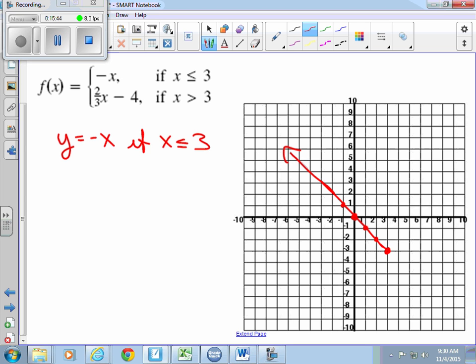But instead of going all the way back over to the y-intercept, erase.